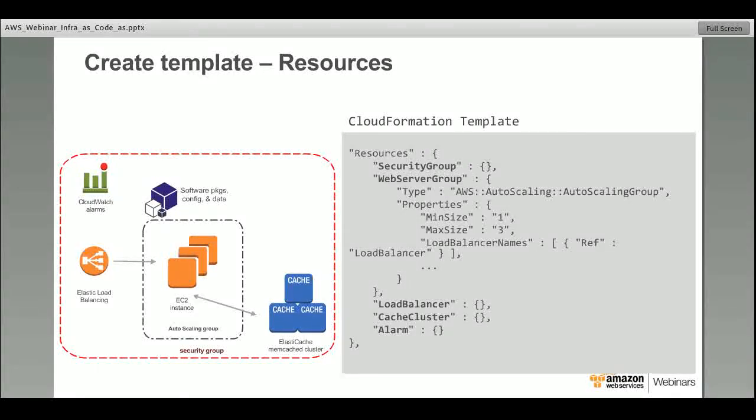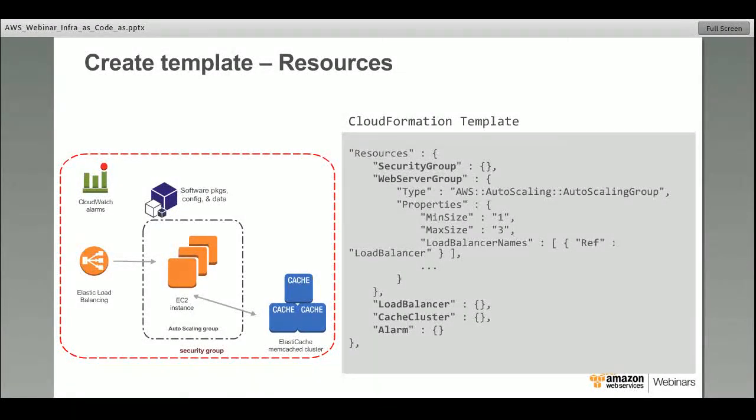If you were to model all of these resources in a CloudFormation template, this is how your CloudFormation template might look. It's a JSON-based language. And notice that you are declaring the resource that you want to have and the properties of the resource. So for example, for the auto-scaling group, you're saying that you want to have at least one instance at any given time, and at most 3 instances.